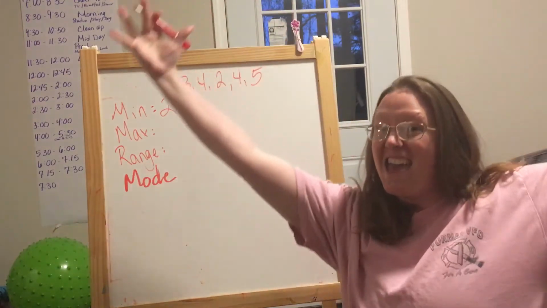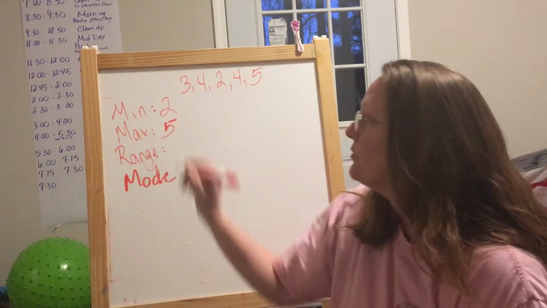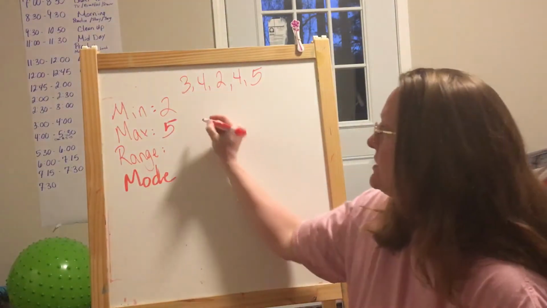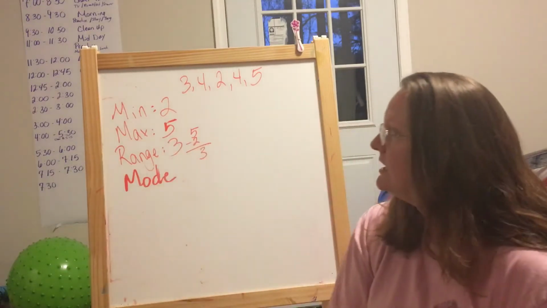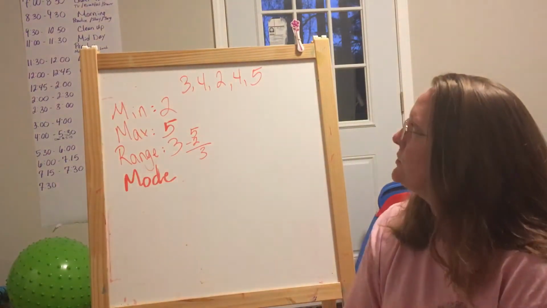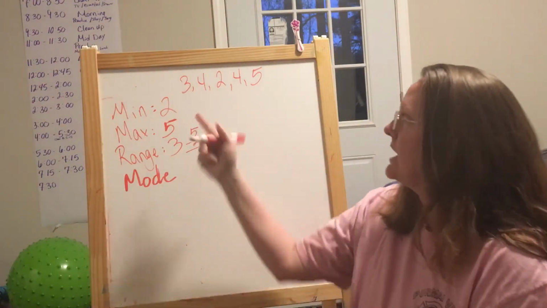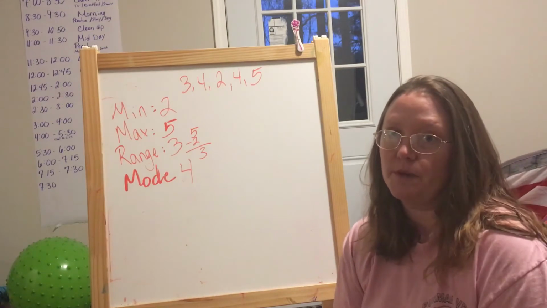Maximum's the biggest, and our biggest number is 5. Range means I subtract them, so 5 minus 2 gives me a 3. And then mode means most, so the one that showed up the most amount of times is a 4, because there's 2 4s, so 4 is the one.